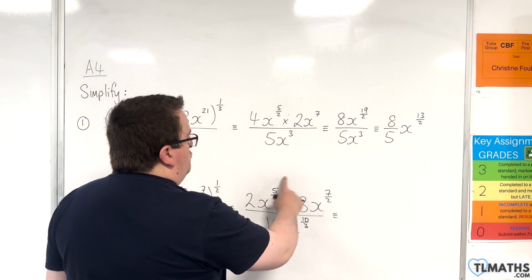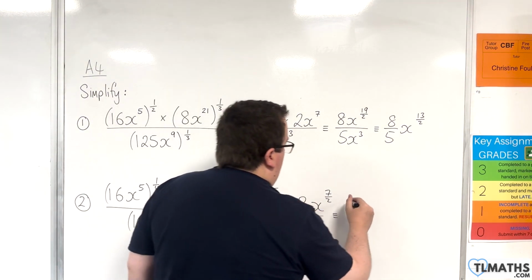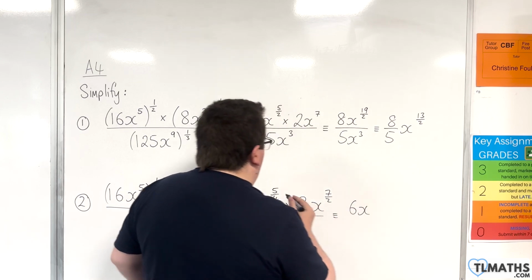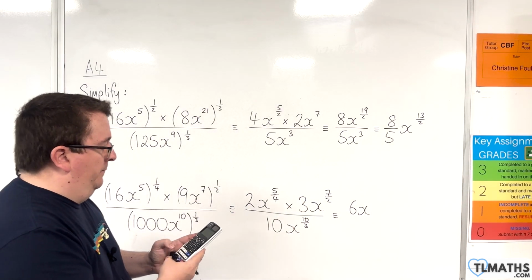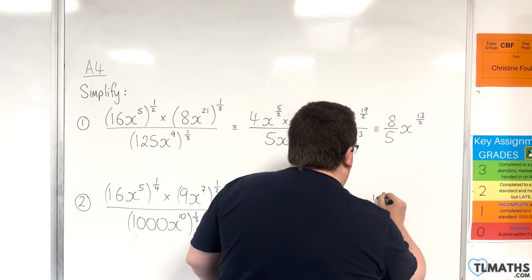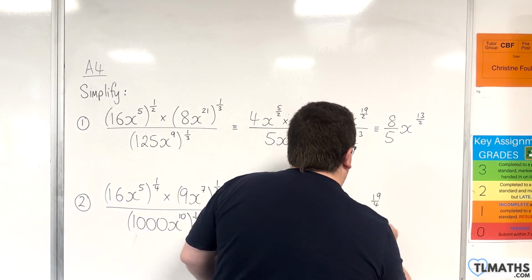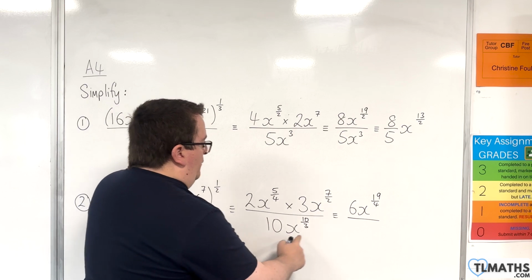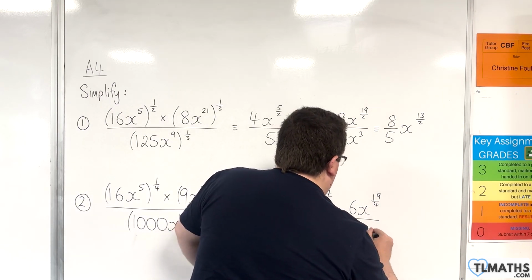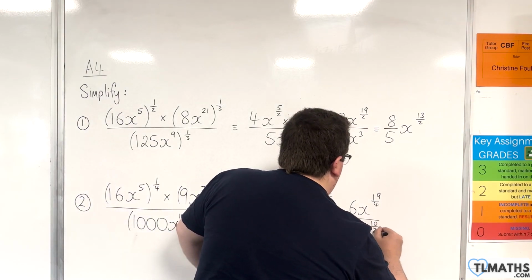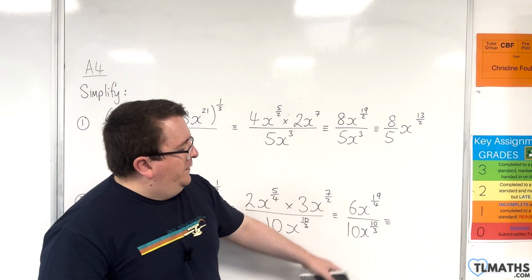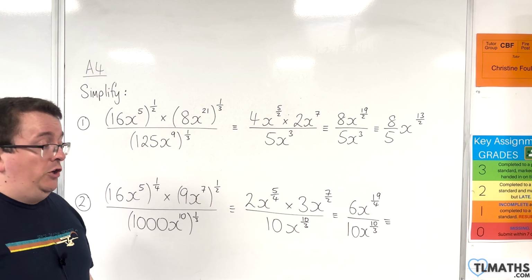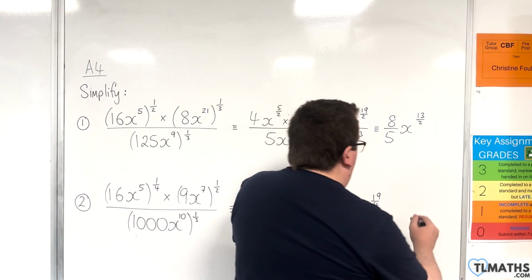So simplify the numerator first. 2 times 3 is 6. Then we have 5 quarters plus 7 halves, which is 19 quarters. And then we've got 10x to the 10 thirds in the denominator. 6 over 10, divide top and bottom by 2, is 3/5.